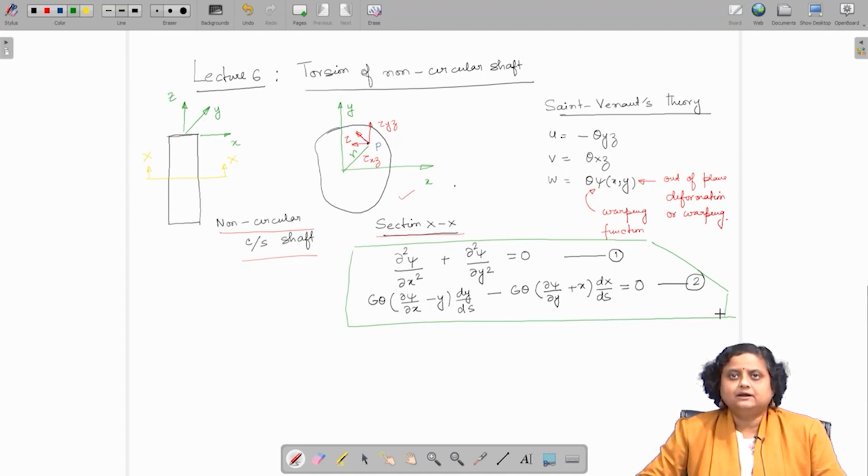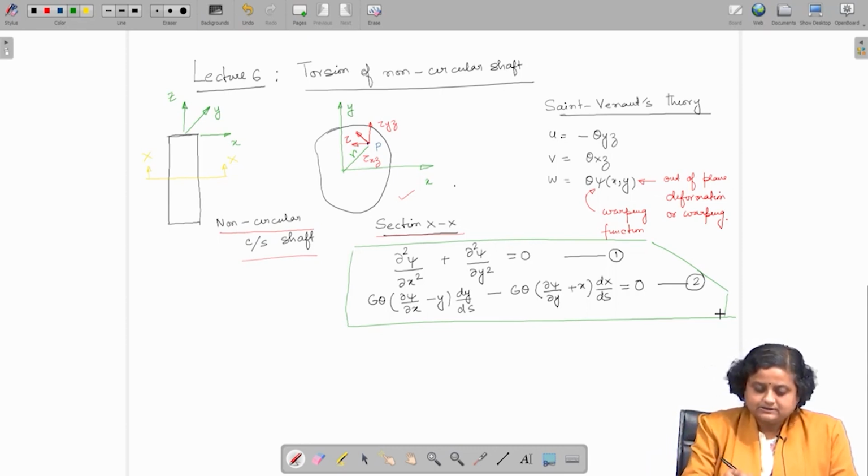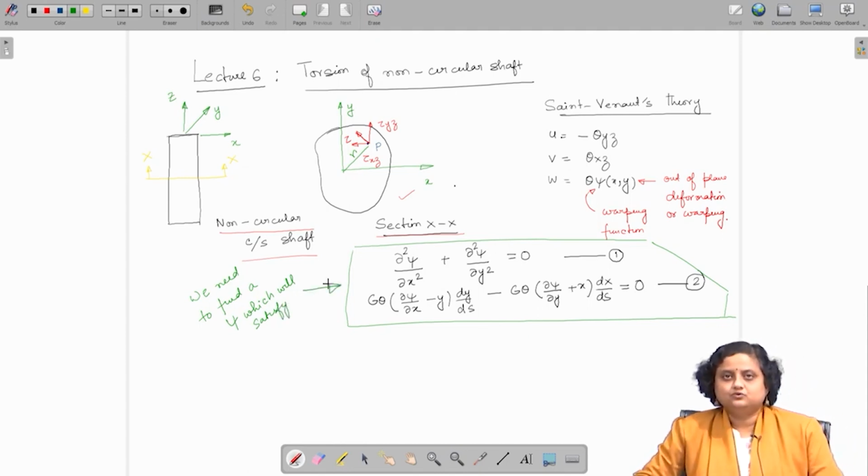Only then the solution for psi will give you a true equilibrium solution which will satisfy the boundary condition. So, in a nutshell we need to find a psi which will satisfy these two conditions.